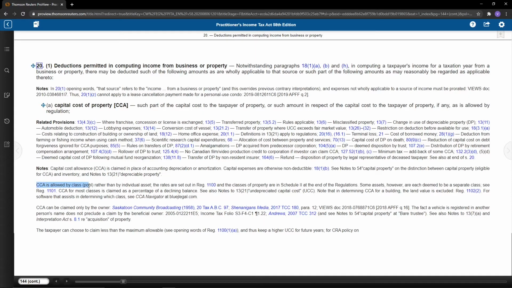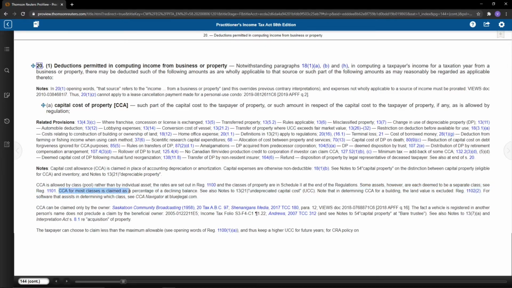CCA is allowed by class, commonly referred to as a pool, rather than by an individual asset, and the rates are set out in Regulation 1100. And the classes of property are in Schedule 2 at the end of the regulations. Some assets, however, are deemed to be a separate class, and for that we'll go to Regulation 1101.